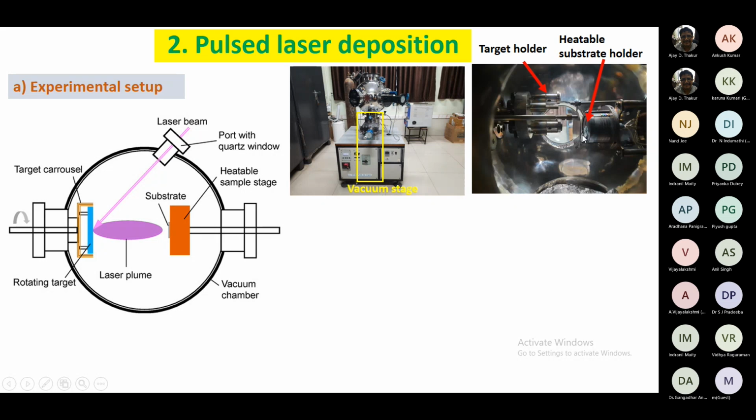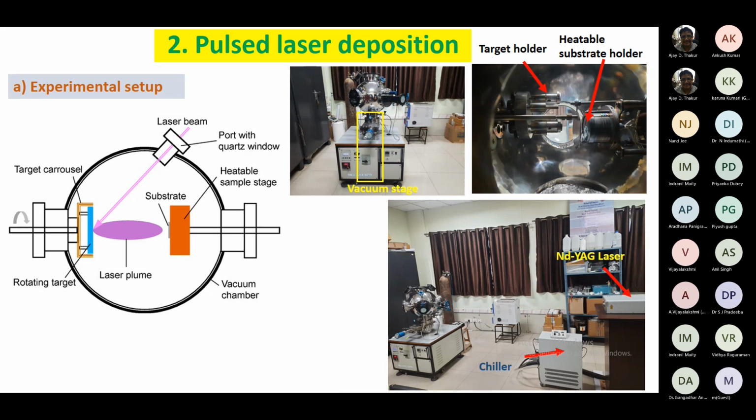One substrate is already clamped using the clamping of the substrate holder, and then you can see the total bird's eye view of the system. And here is the gas cylinder from which the O2 gas will be inserted into the chamber, and this is the laser, and this is the chiller.